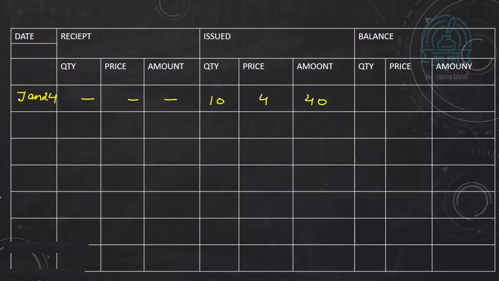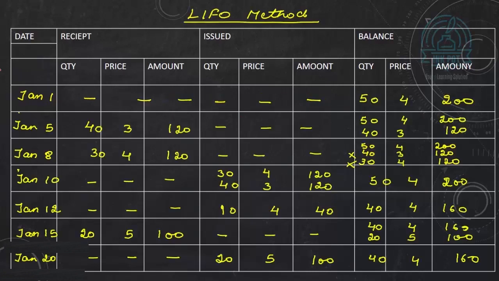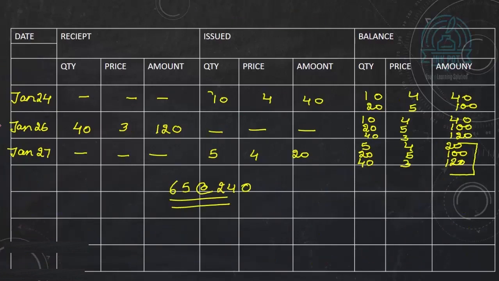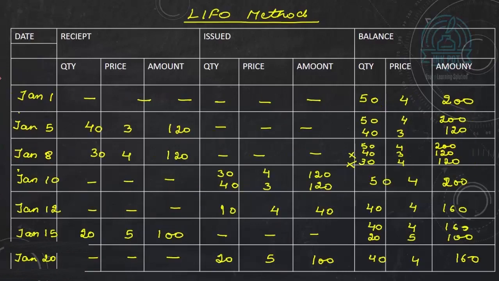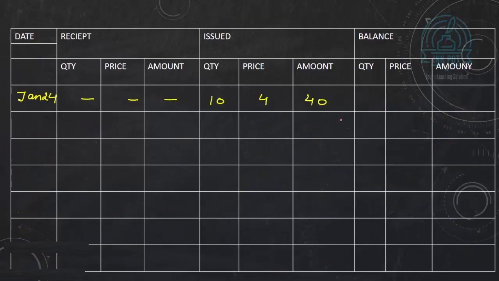Now out of this, we will calculate the balance. We had only one stock, so 30 units at the rate of 4. We are left with 30 units at the rate of 4, that is 120.